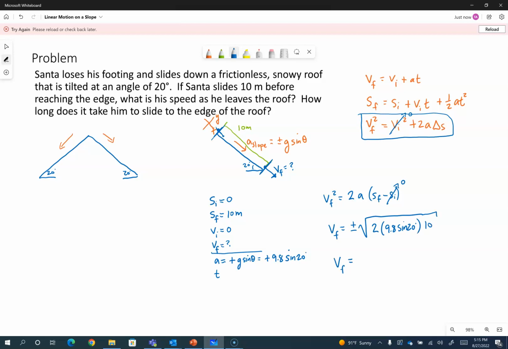Now, just as a reminder, in physics, the plus or minus is always related to direction. And so in this coordinate system we're choosing, technically Santa will be moving in our positive direction. But we are asked for his speed. So we just want the positive value, the numerical value. So we'll take the square root of that.